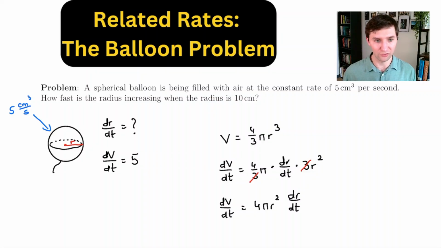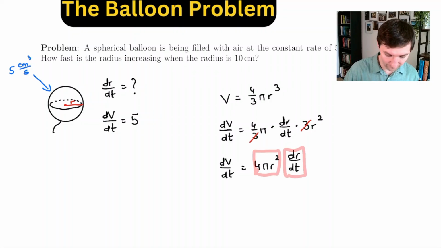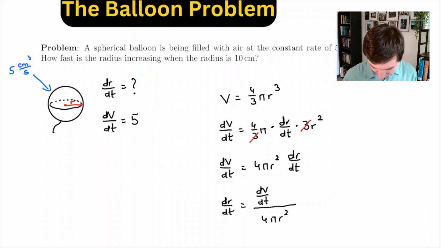My goal is to solve for dr/dt, so I will divide both sides by 4 pi r squared, so that I have dr/dt by itself. That gives me dr/dt is equal to dV/dt divided by 4 pi r squared.